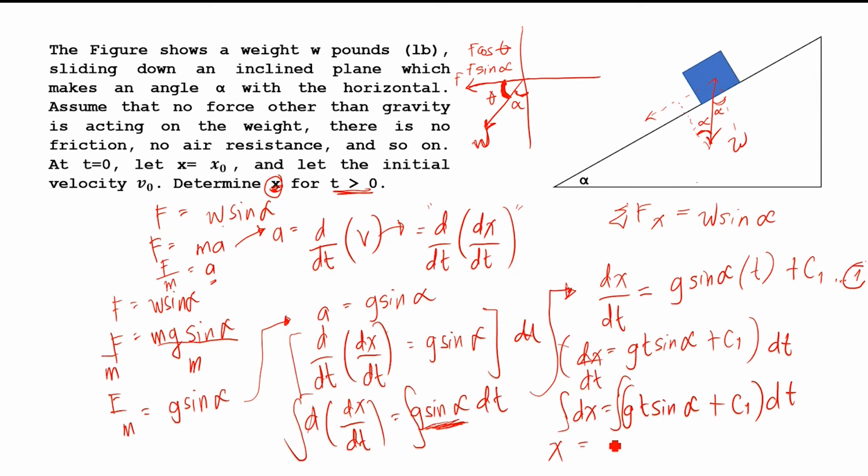x equals, ilabas natin yung g sin alpha. This t, ang integral nito is t squared over 2. This is t squared over 2 plus c1 t plus c2. This is your equation number 2.